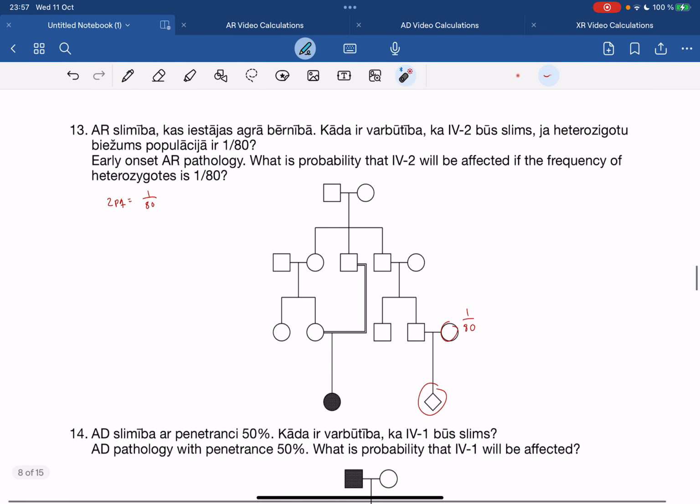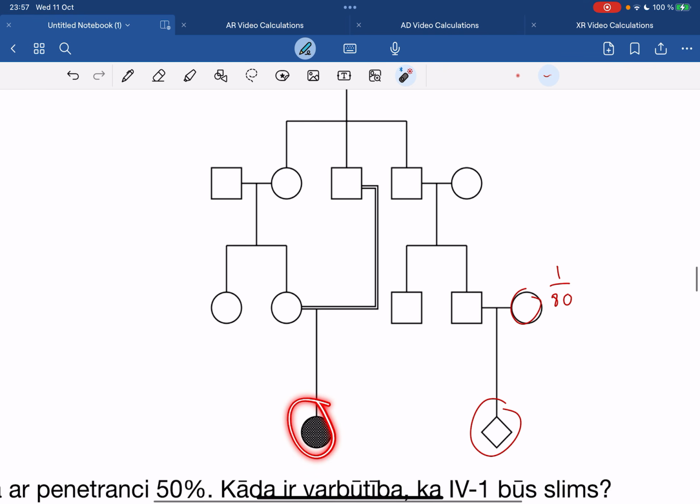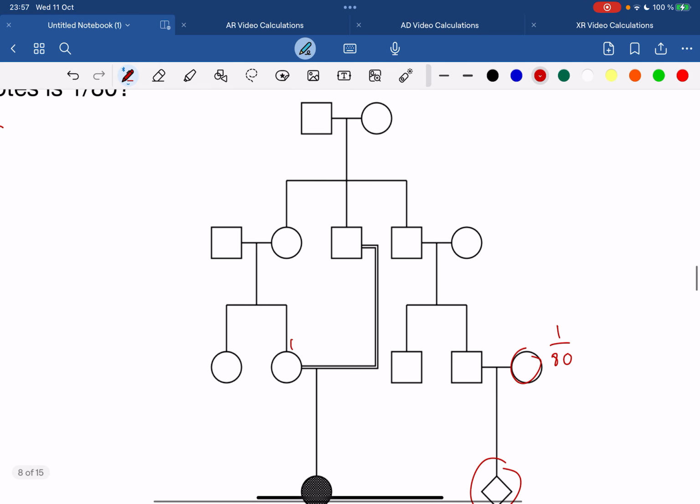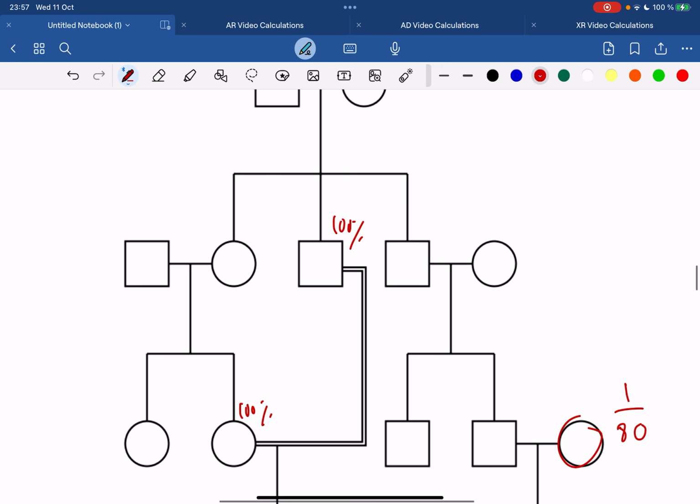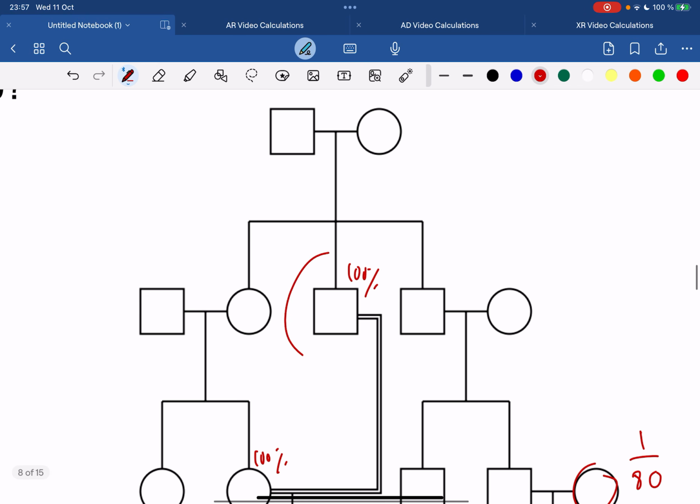Now for this guy right here, we can go according to him down here. And this guy is affected, meaning his parents are 100% carriers, since it's autosomal recessive. Now we go according to the 1/2 rule, so all of the people that are 1st degree relatives with this person would be 1/2.